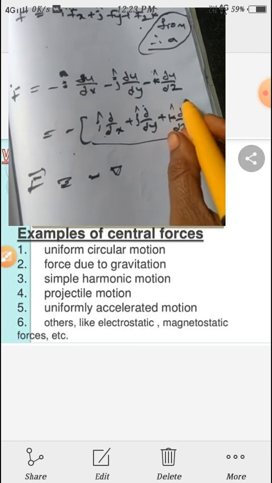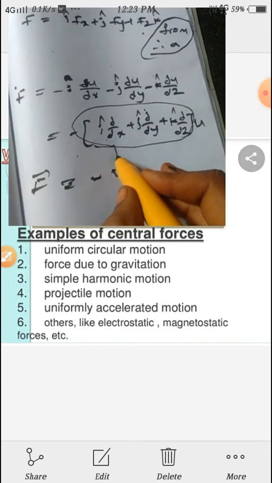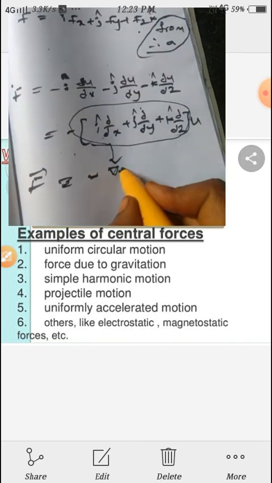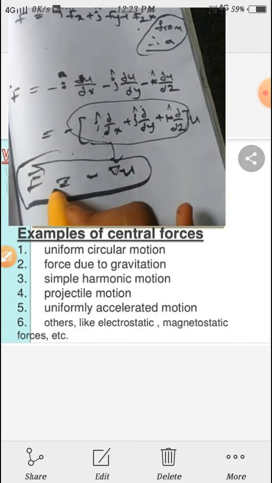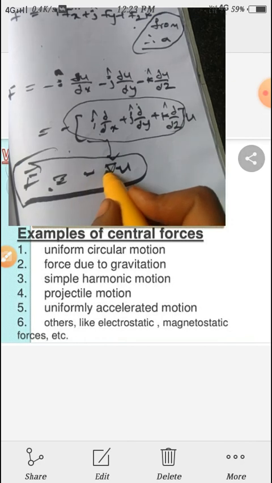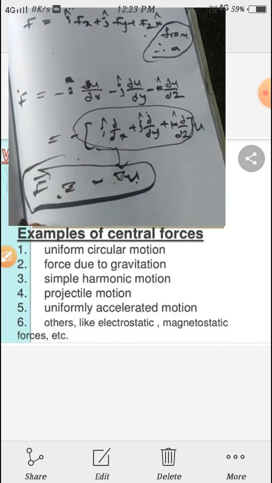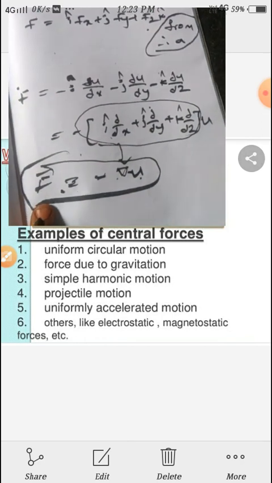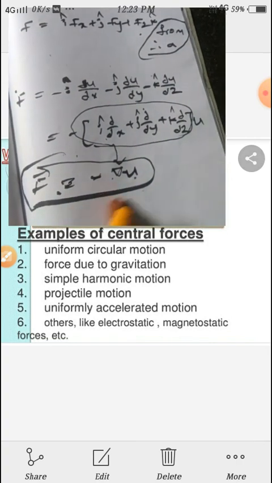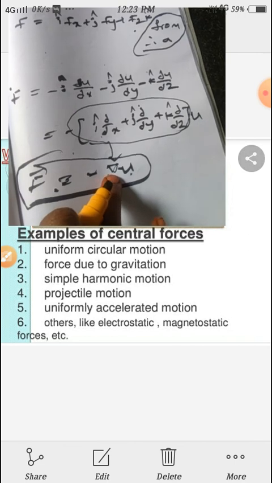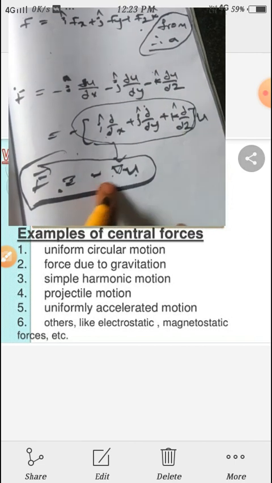So this is del U. This is F equals minus del U. The conservative force is a negative gradient of potential energy. Here force is a vector quantity, potential energy is a scalar quantity. To balance this equation we utilize grad, that is del. F equals minus del U.